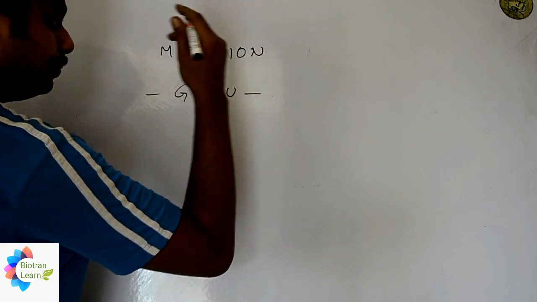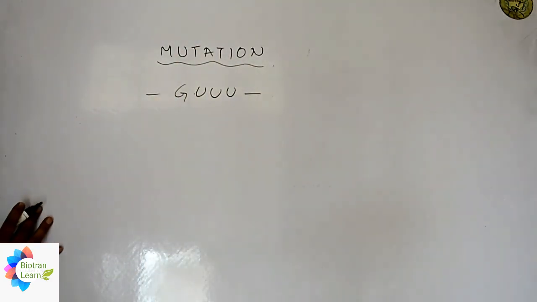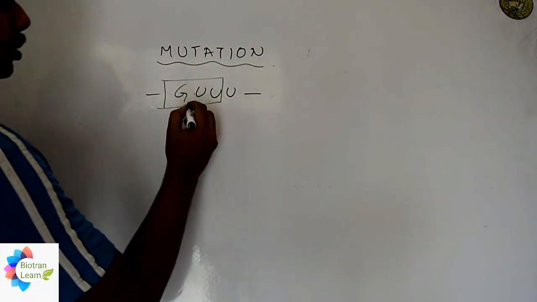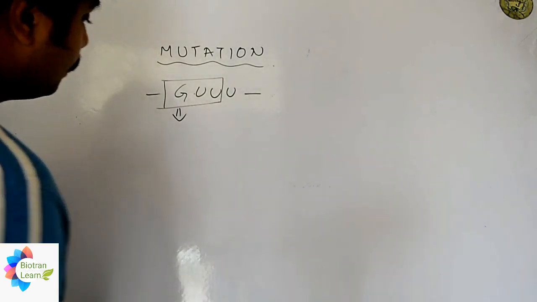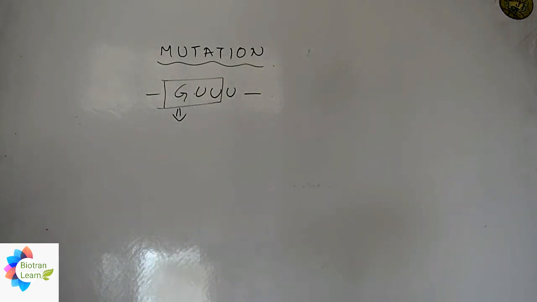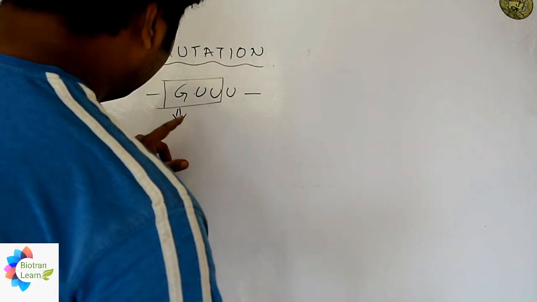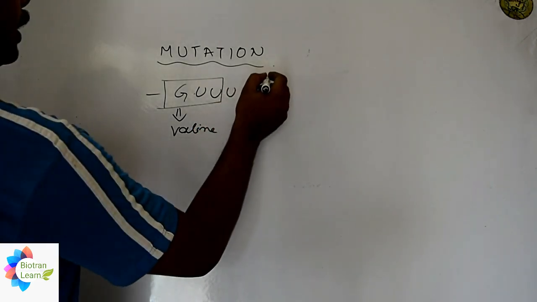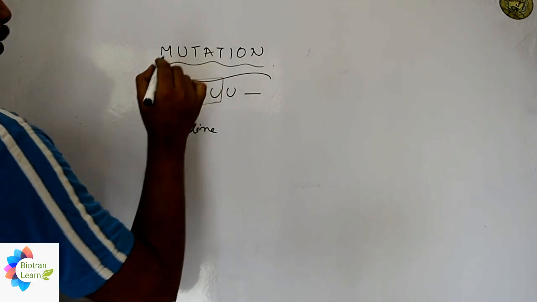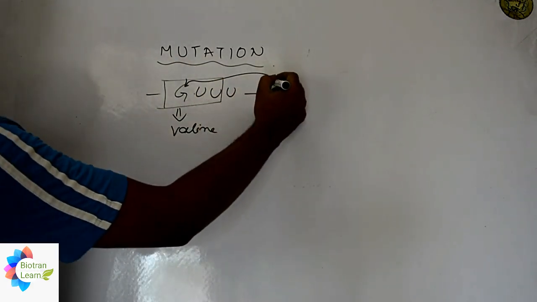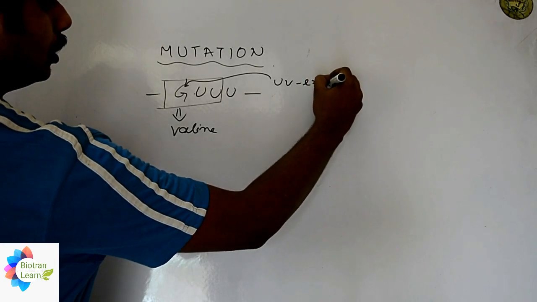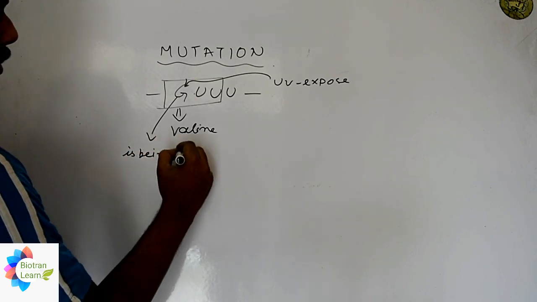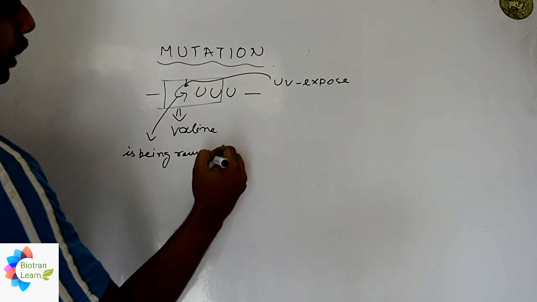These mutations will show that, suppose this was my first codon and this was GUU, and this particular section was producing valine, right? So GUU codes for valine. Now due to certain reasons such as exposure, suppose UV exposure is there, this particular G is being removed, right?